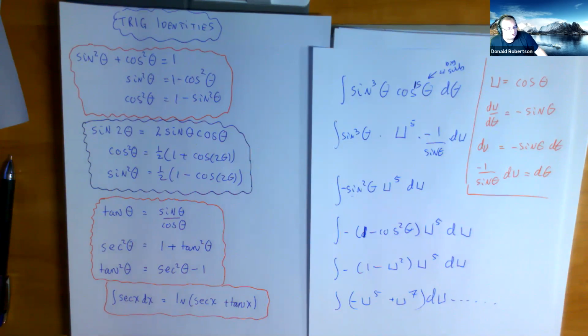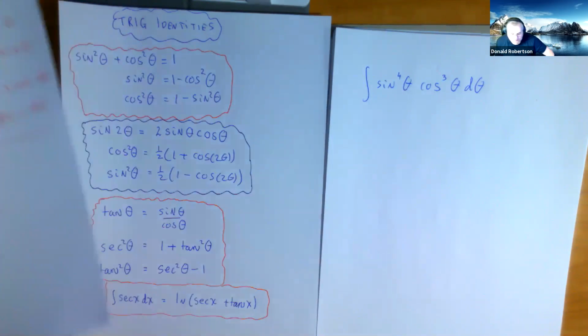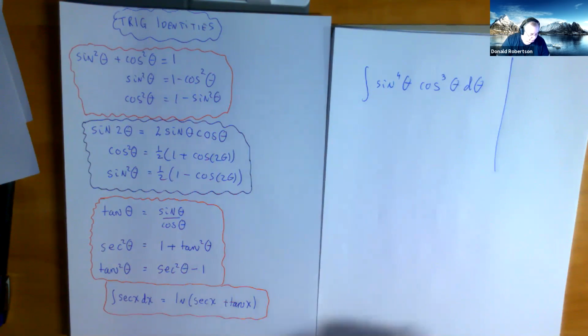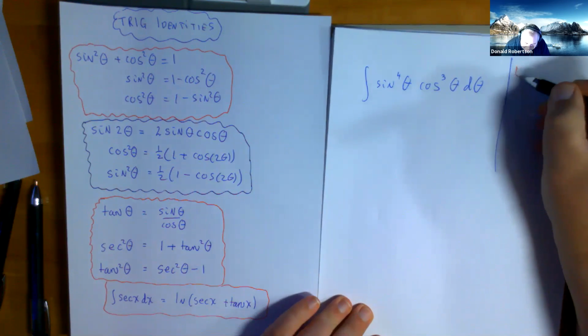So if one of them's a cube and the other one's a 7, whatever trig function is the 7th power, make that your u sub. So if it says cosine to the 7th power of theta, then you would use the cosine. Now, how about an even odd? That is also a u sub.